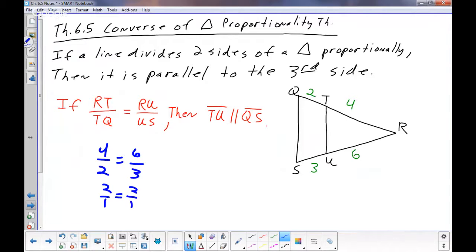And again, if you do it the other way around, where you did TQ over RT, is US over RU, it doesn't matter. They're all the same. They still will hold that 2 to 1 or 1 to 2 ratio, depending on how you're comparing. Once we have that, then we can say TU and QS will be parallel at that point. So it's the converse. So it works both forwards and backwards, the triangle proportionality theorem.